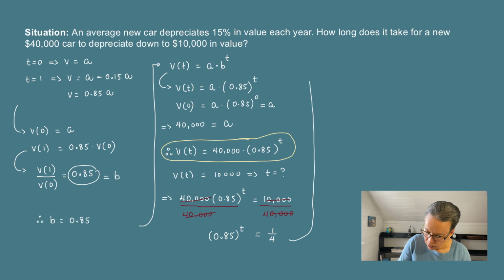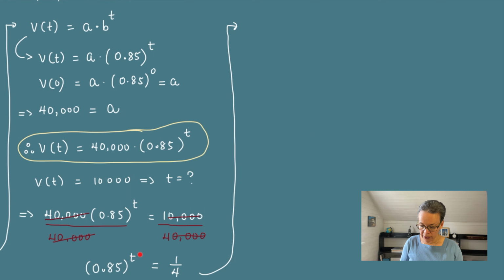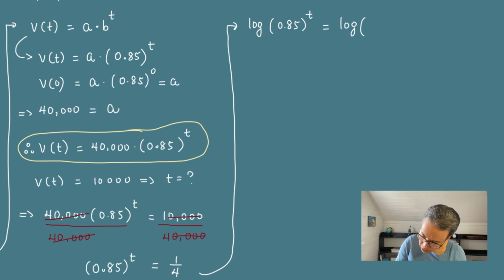And what I need to do now is to find a way to bring t down so that I can actually isolate it, so that I can find the value of t. And the only way to do that in this particular case, or the easiest way, is to take the log of both sides. So we're going to have the log of 0.85 to the t equals the log of 1/4.